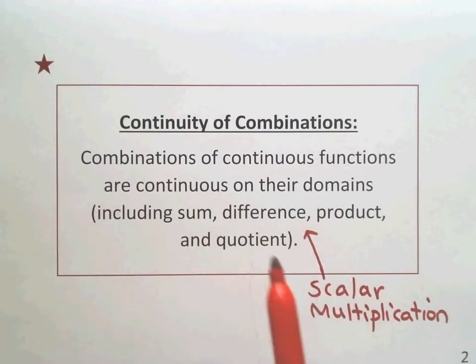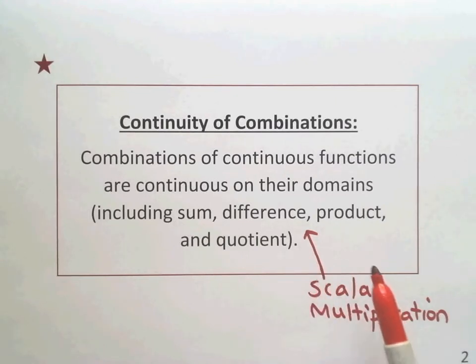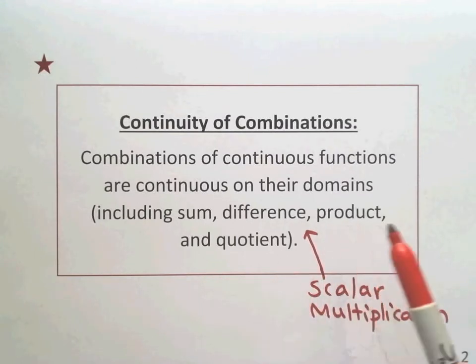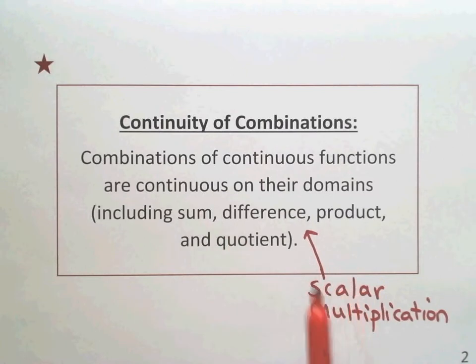Also the difference, and the scalar multiplication, a function times a scalar number, which is of course continuous. The product, if f is continuous and g is continuous, is still continuous on the domain. Another is the quotient. If we put the sum, the difference and the scalar multiplication together, sometimes we call it the linear property, as in the limit laws we learned.